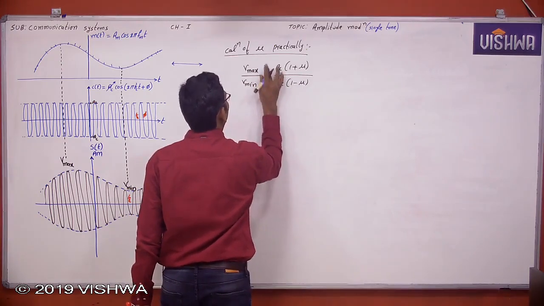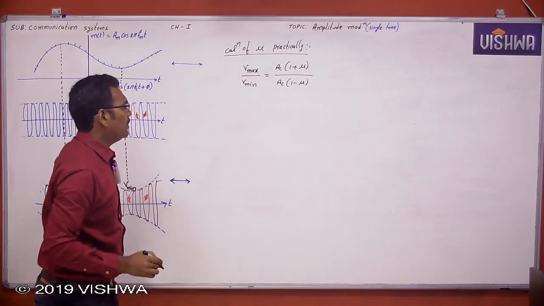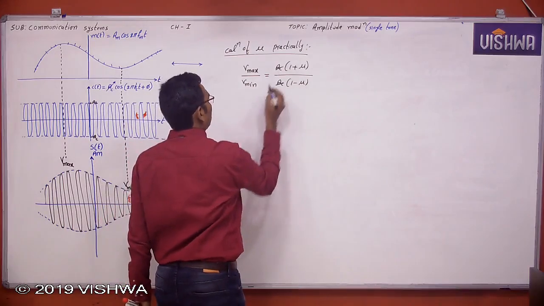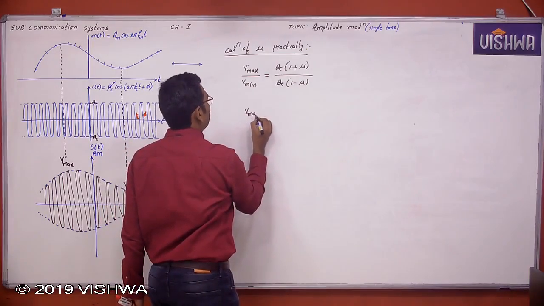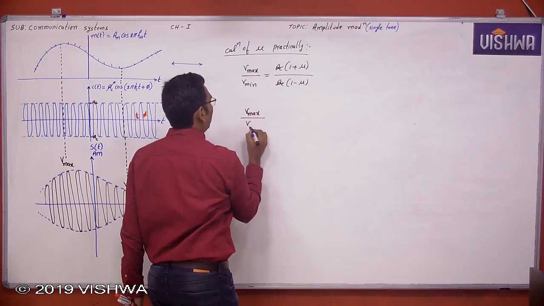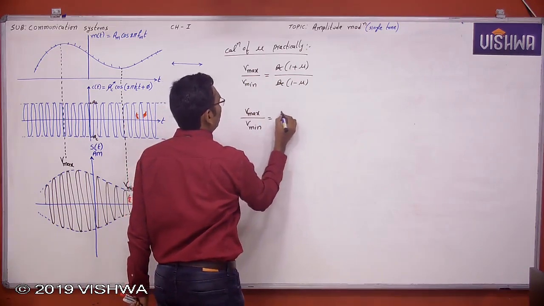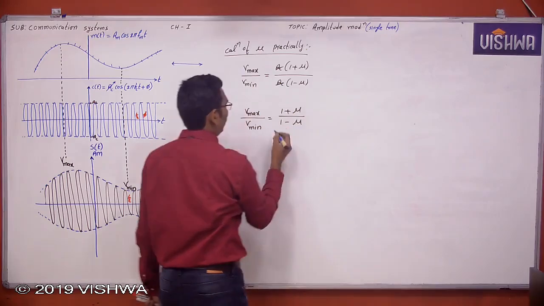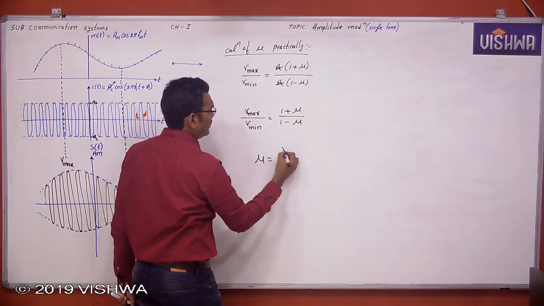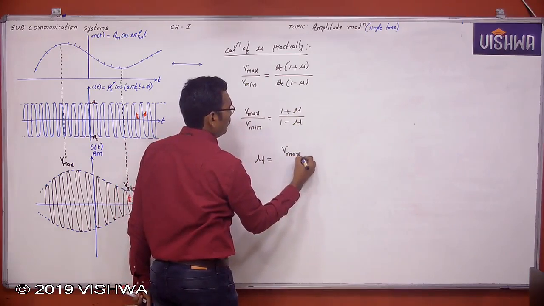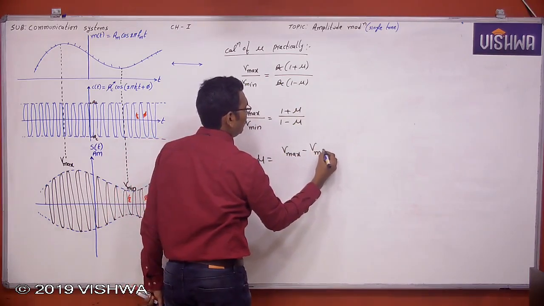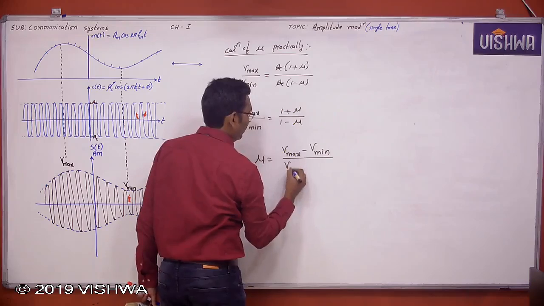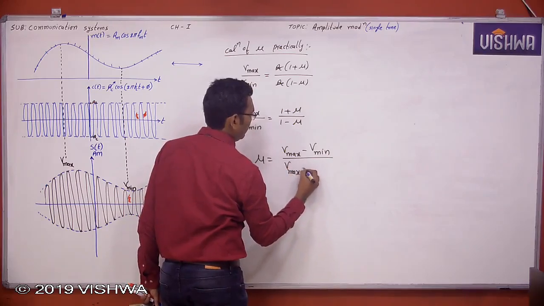If I divide V maximum by V minimum, the AC cancels. So V maximum by V minimum is equal to 1 plus mu by 1 minus mu. If you cross multiply, modulation index mu is equal to V maximum minus V minimum by V maximum plus V minimum.